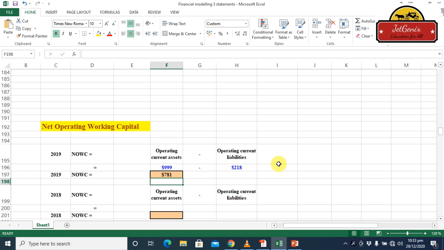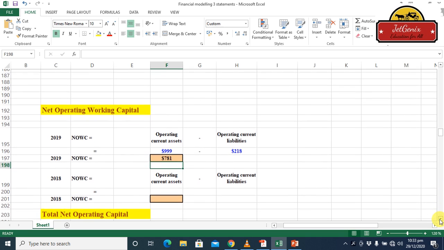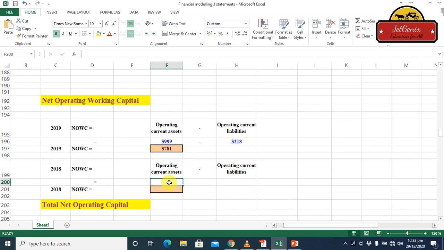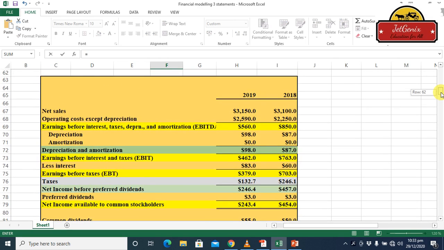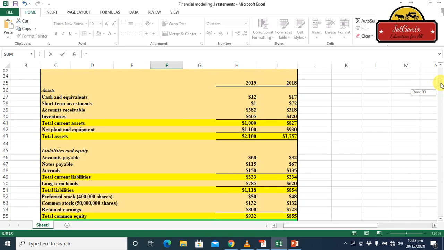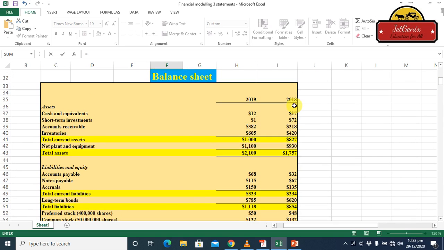Again we are going to calculate the same ratio for 2018. Just press equal and go to the balance sheet, and we are going to select the cash and plus. We are not going to add the short-term investment. Then the account receivables again and plus inventories.